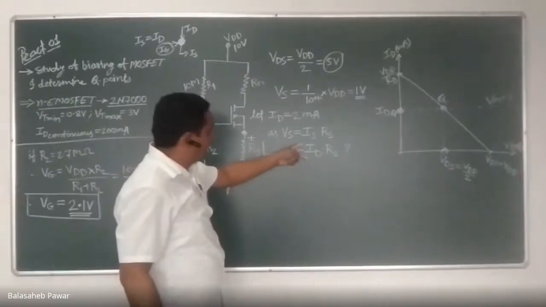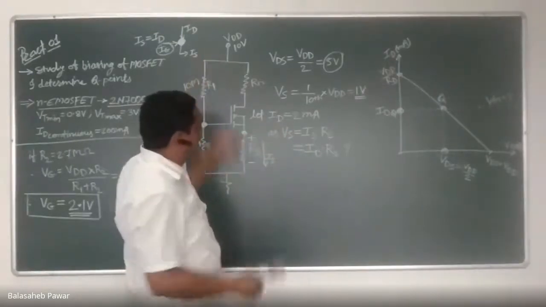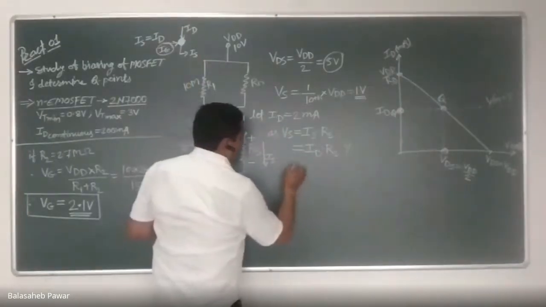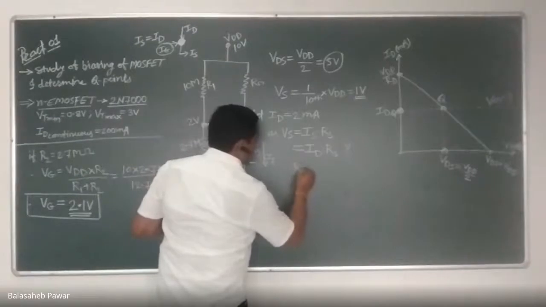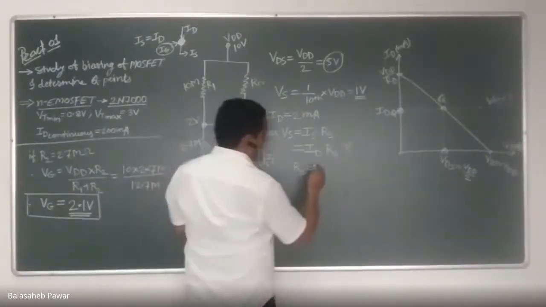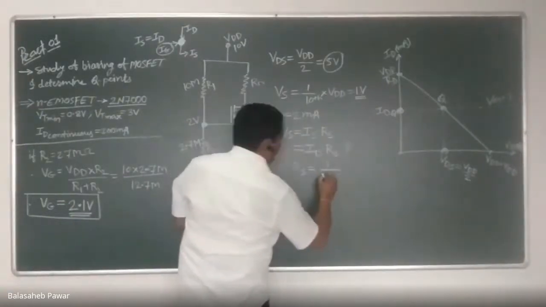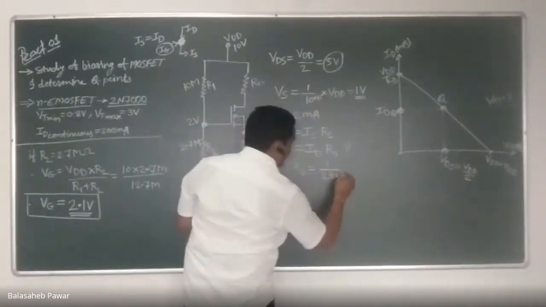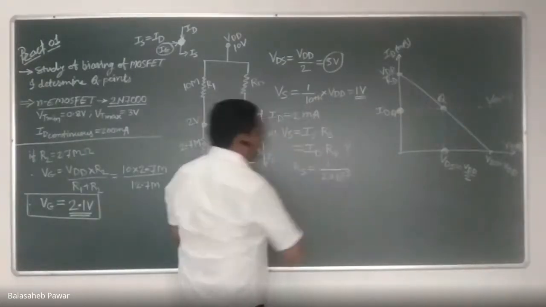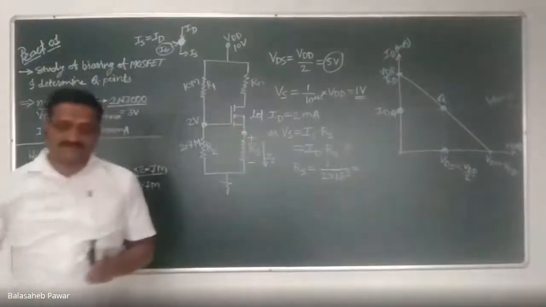Now we consider that ID as IDQ, 2 milliamperes, and source voltage is 1/10 of VDD, and therefore you can calculate the value of this Rs equals Vs, that is 1, divided by ID, 2 milliamperes, that is 2 into 10 raised to minus 3. So how much is the value? Find out.